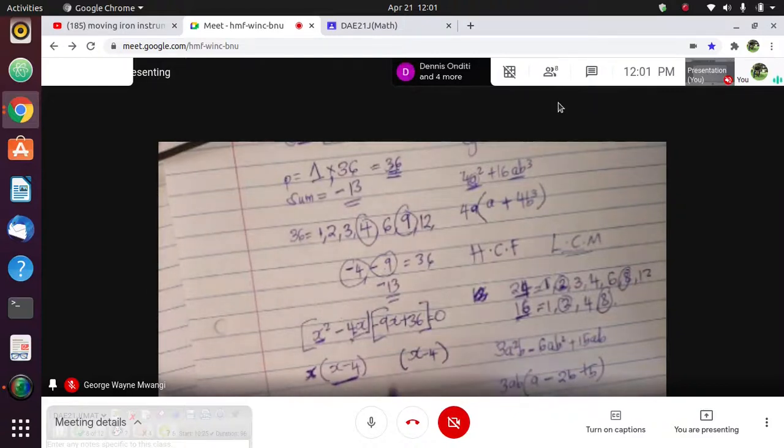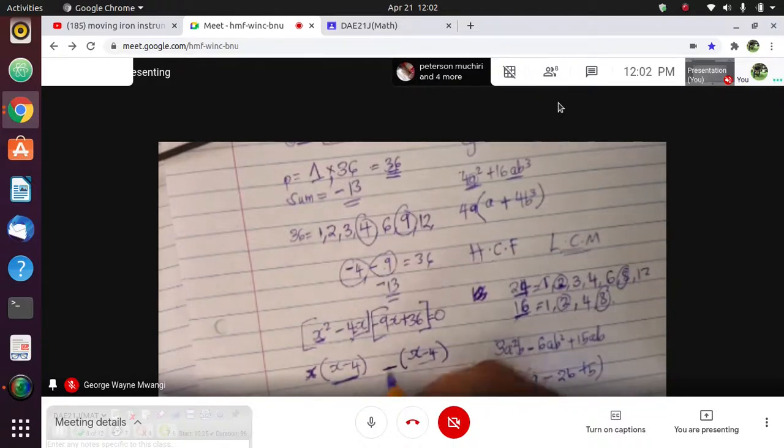Now what I want to get is this value hapa nje, that when I multiply with x minus 4, itanipatia minus 9x plus 36. What will I multiply with x minus 4 to get minus 9x plus 36? Minus 9. Are we together?